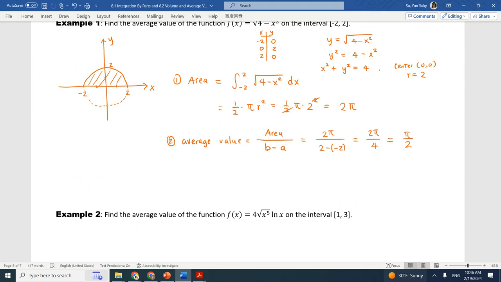Do you still remember the integration by parts formula? Integral u dv equals uv minus integral v du. So set up the area, find the area.